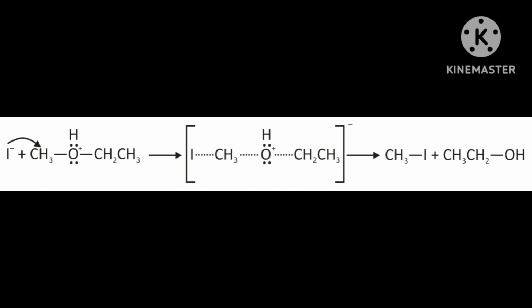H will go to the O, and iodide will be separated. In CH3CH2OH, when H comes near the O, the O becomes positive because it has given an electron to H. Then iodide will come to the CH2 of the ethyl group and make a bond.